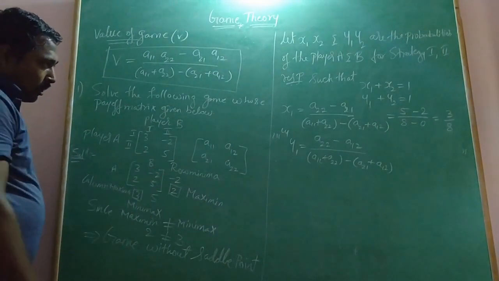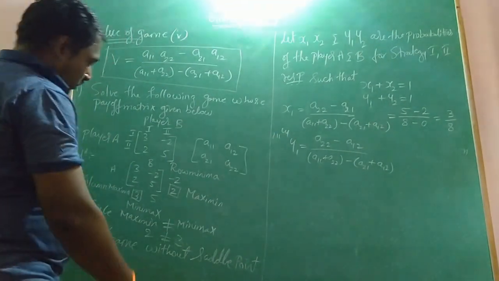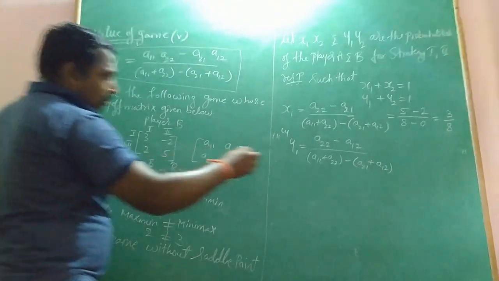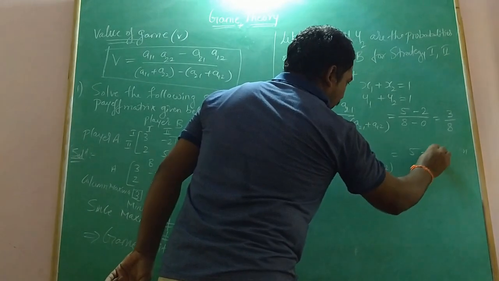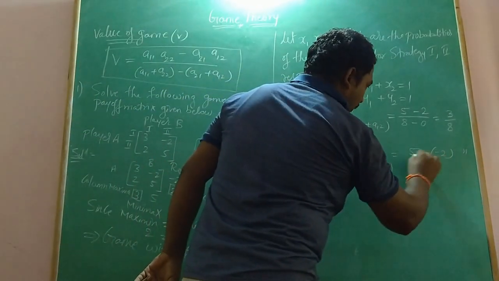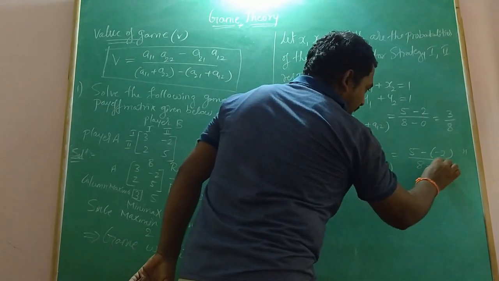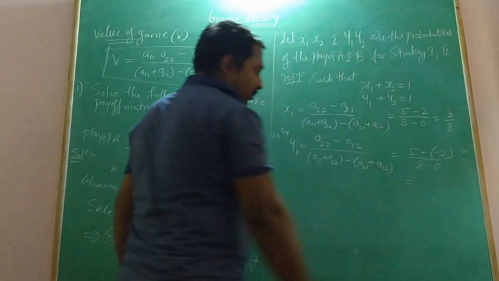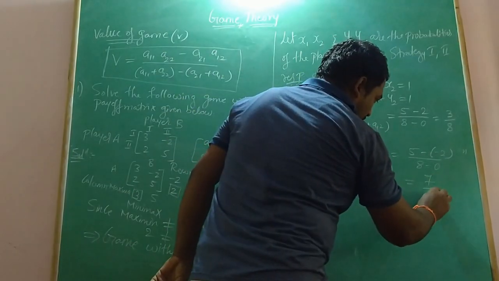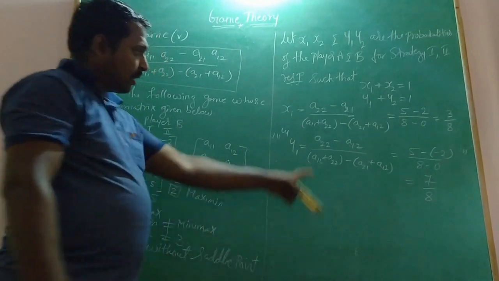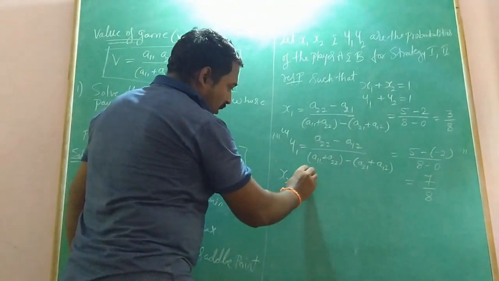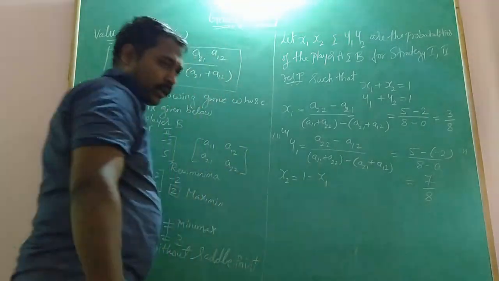Similarly for y1, a22 minus a12. a22 is 5, minus a12 which is minus 2, divided by the same denominator, 8 minus 0. 5 minus of minus is plus, 5 plus 2 is 7 by 8. Since you know the values of x1 and y1, if you substitute, we get x2 as 1 minus x1.